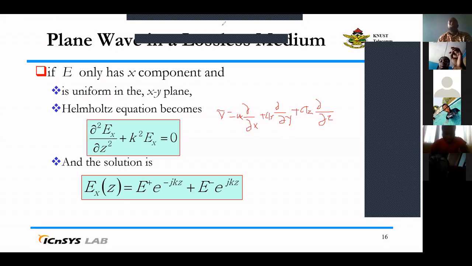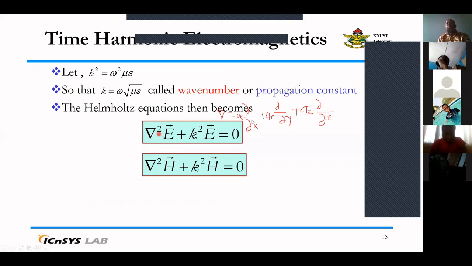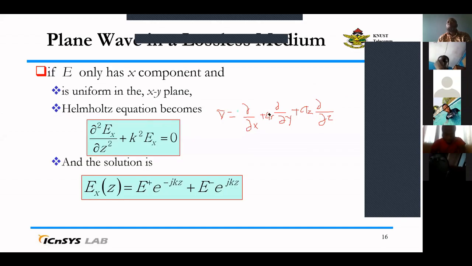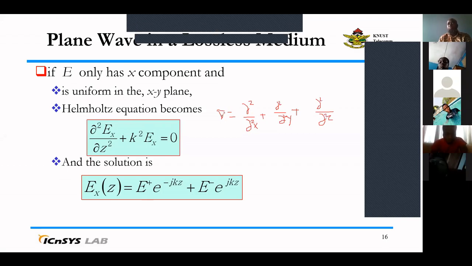But if you do del squared here, then the ax will vanish, right? And then these ones become squared. So that is the del squared.